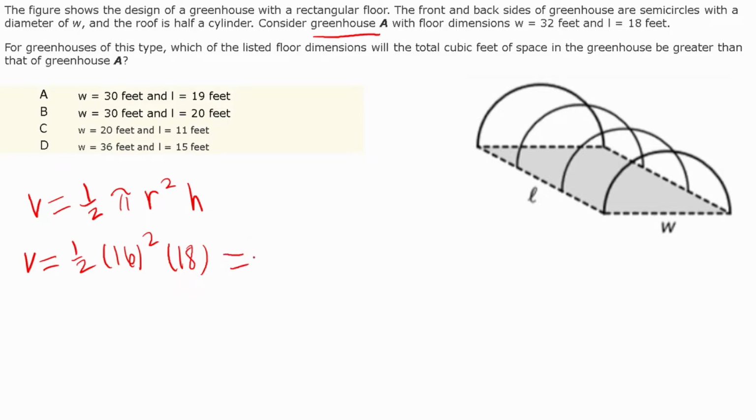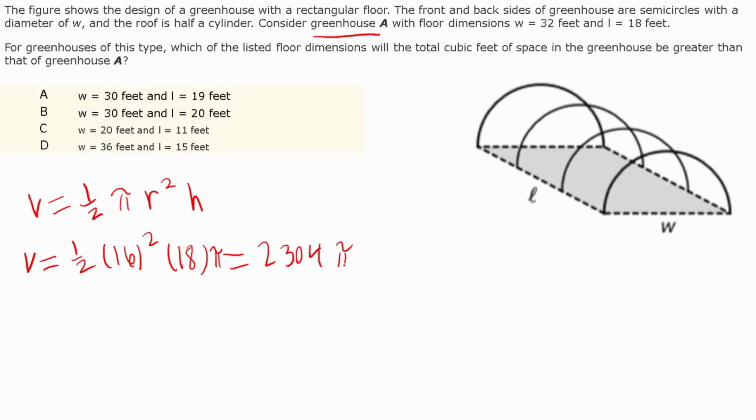And this is going to be the answer we want to beat. So let's plug this into our calculator. 1/2 times 16 squared times 18. That's going to give me 2,304, and we're going to just put pi at the end.